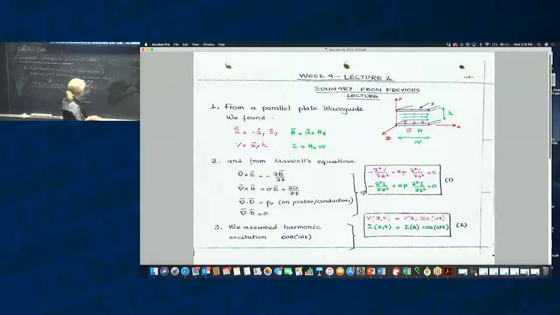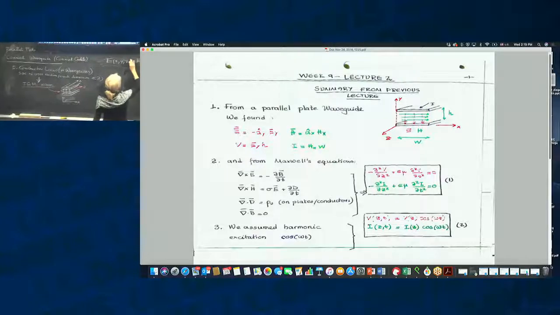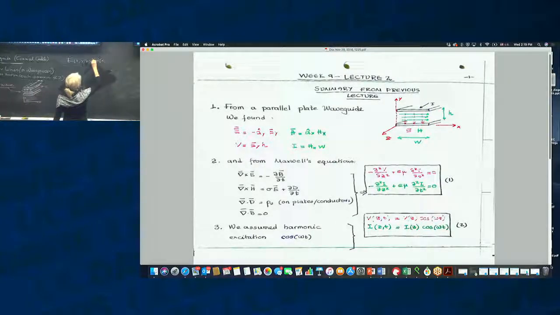That's the goal. The goal is to go from an E that has X, Y, Z, and time, and an H that has X, Y, Z, and time, down to a V that has Z and time. So we simplify, we reduce the problem.